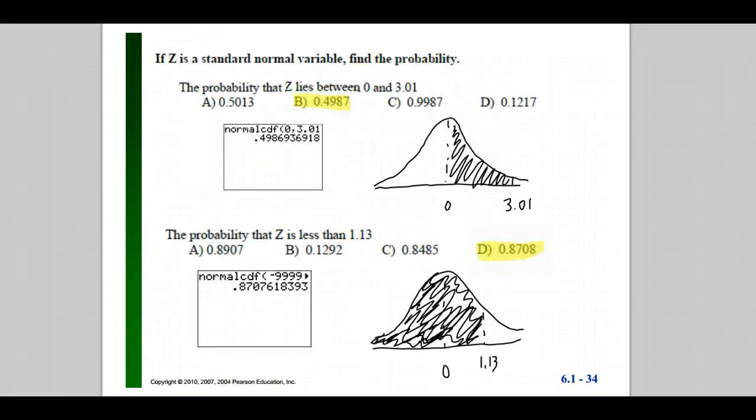Here are some more examples with the calculator. The probability a z-score lies between these two numbers, 0.301 is my lower number, my upper number 3.01, hit enter, there it is. Less than 1.13: negative 99999 because my shading starts on the left side, comma, 1.13, and there's that probability.